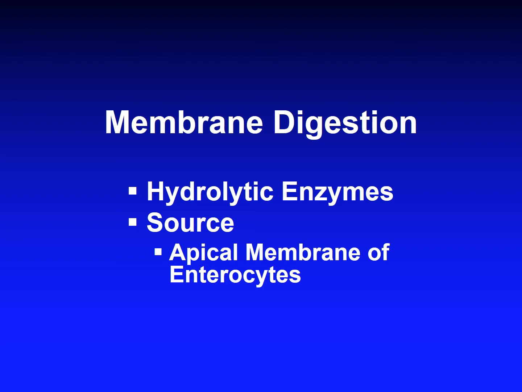That's why it's called membranous digestion. Again, we have two types of digestion: cavital or luminal, that's in the lumen, and we had three lumens: oral cavity, stomach, and intestine. And we have membranous, which is bound to the surface of the enterocyte. We call that the apical membrane of the enterocyte.